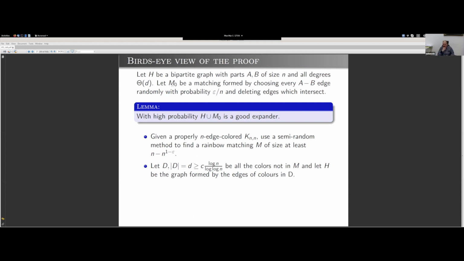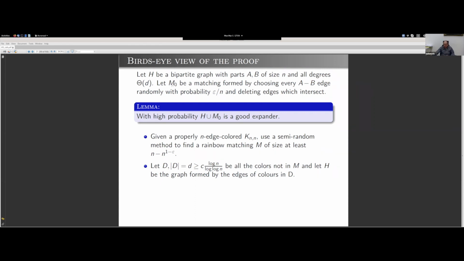Then you look at the colors which do not appear in the matching. You call the union of these colors H. Obviously, because this is an n-edge-colored complete bipartite graph, every color is a perfect matching. So your H would be nearly regular.